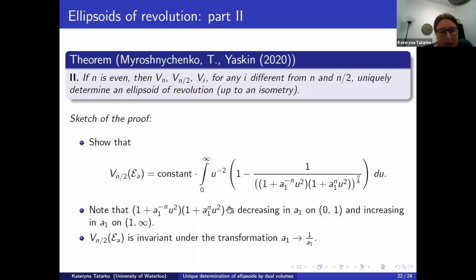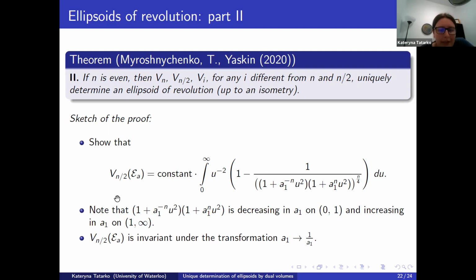And the second observation is that this integral is actually invariant under the following transformation. Indeed, if I change a1 to its reciprocal, this integral will not change. These brackets will just change places, but it doesn't matter. So the integral is invariant under this transformation as well. Then these two observations will imply the following.